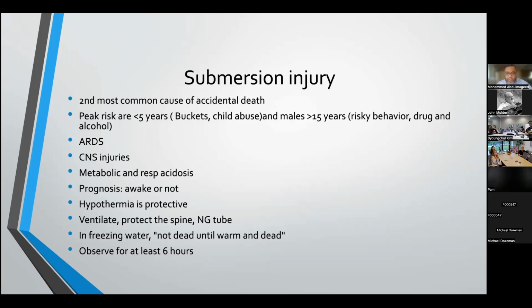Hypothermia is protective, so actually it's better to be near drowning in cold water than in normal temperature water or lukewarm water. The reason is hypothermia stops all the anoxic processes in the brain that happen during drowning.